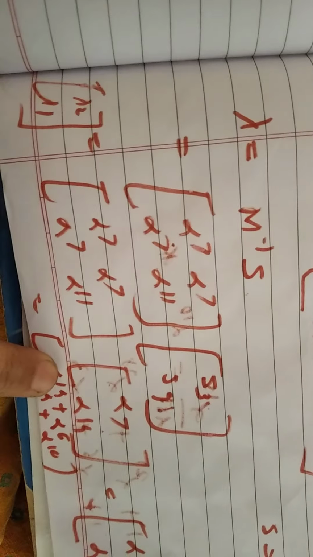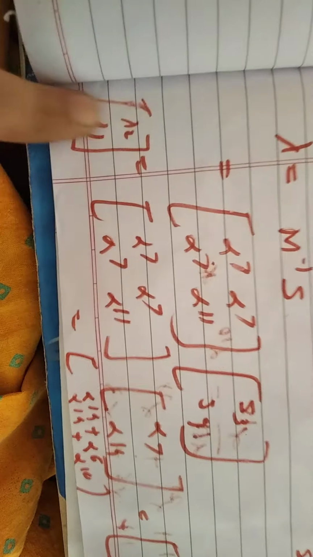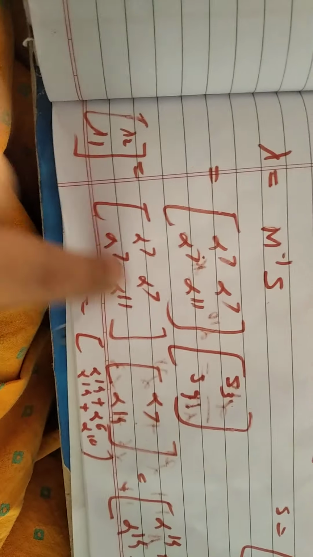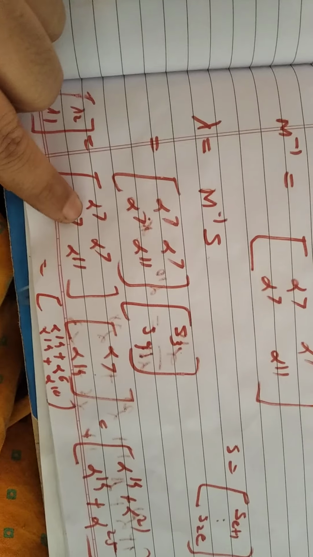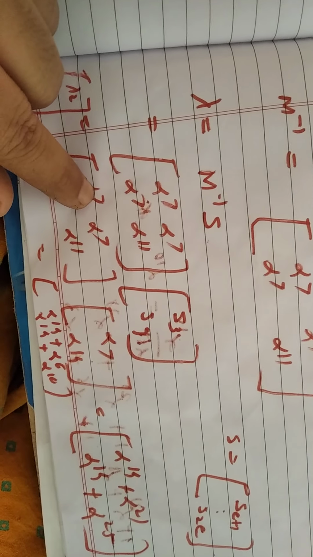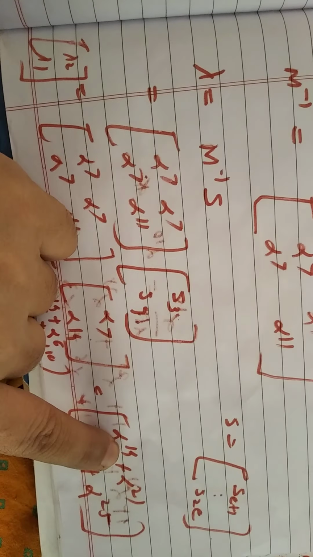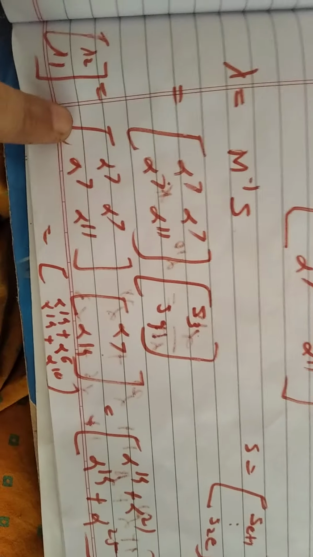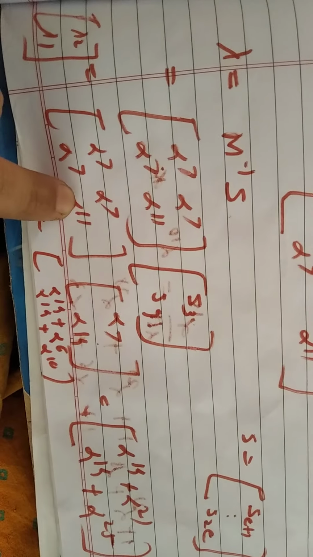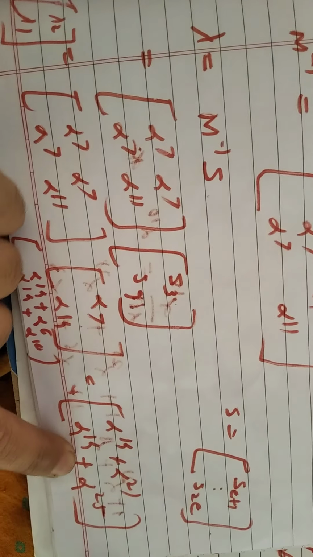So these are put here, and this is equal to lambda 2, lambda 1. So after solving this, you will get the values. Now how to do the multiplication: alpha 7 into alpha 7 plus alpha 7 into alpha 14. So here is the value, and alpha 7 into alpha 7 plus alpha 11 into alpha 14.